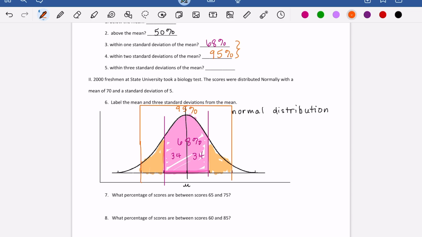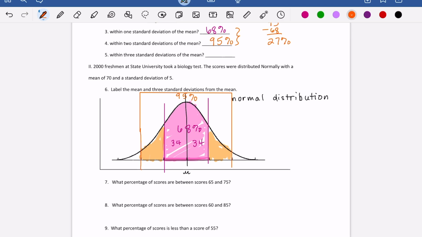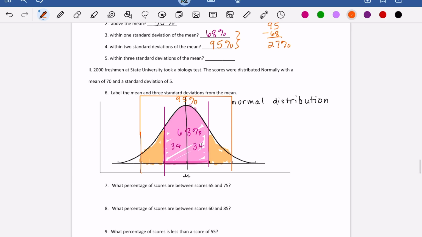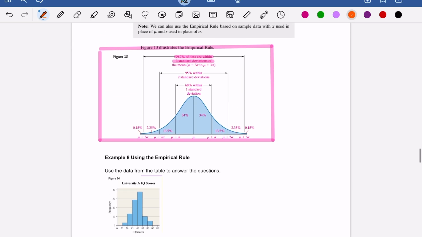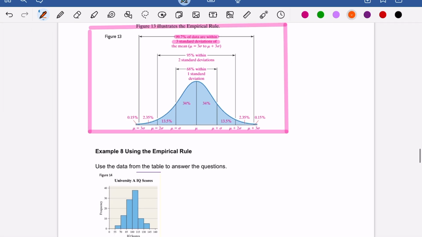Now, when we look at the difference here, 95 minus 68 is 27%. Keep in mind that this is symmetric data. So if this orange represents 27 extra percent of data, then this is half of that. That's 13.5%, and that is 13.5%. And that is where the numbers up here come from.